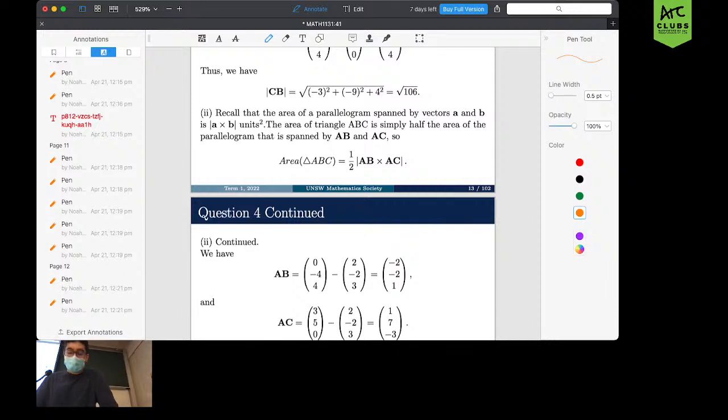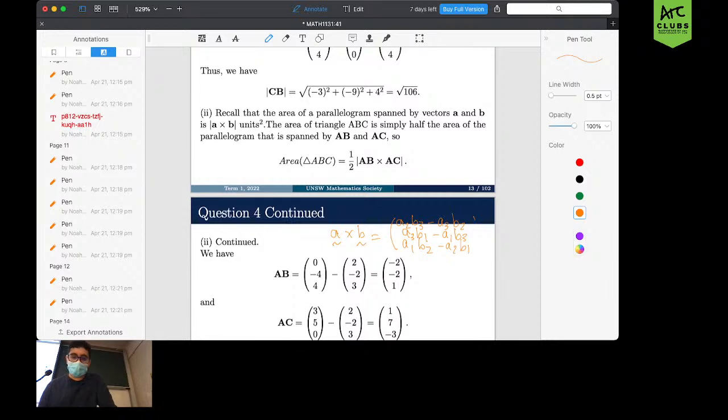Now we'll have to use the cross product formula to find vector AB times vector AC. And I'll quickly just write that here. So for two vectors cross producted together, I'm just going to rewrite the equation. That's A2B3 minus A3B2, A3B1 minus A1B3, and A1B2 minus A2B1.